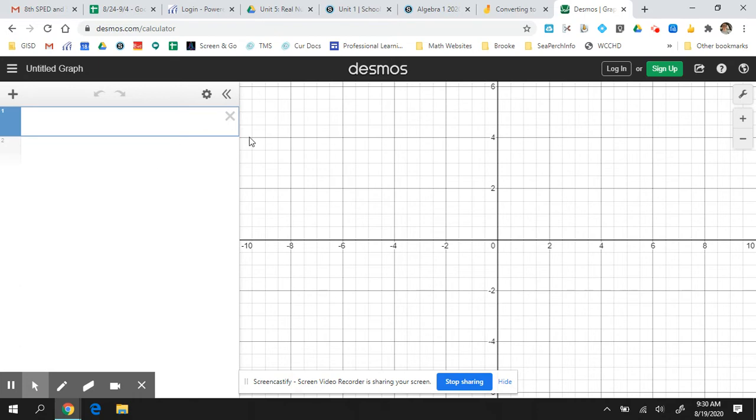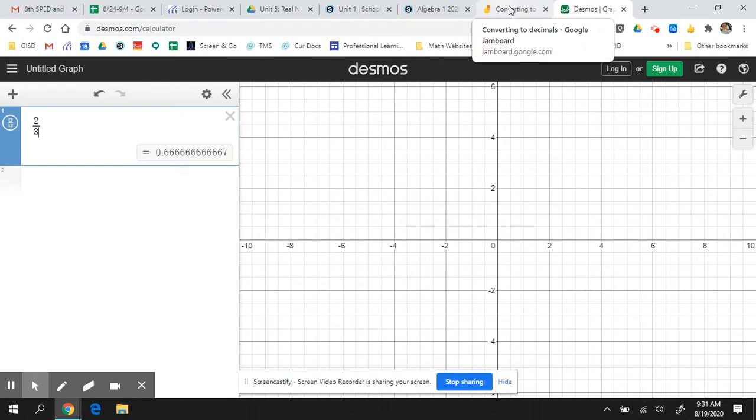We aren't going to graph anything, but you can type in our first one, 2 divided by 3. I'm using the slash as your divide, and 3, and it will give you your answer of 0.666.